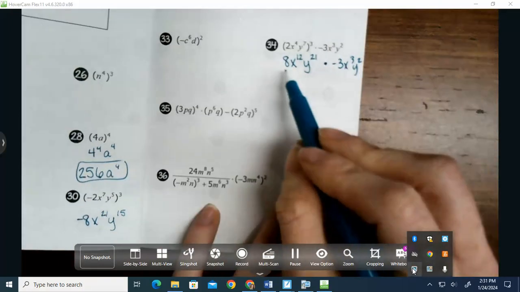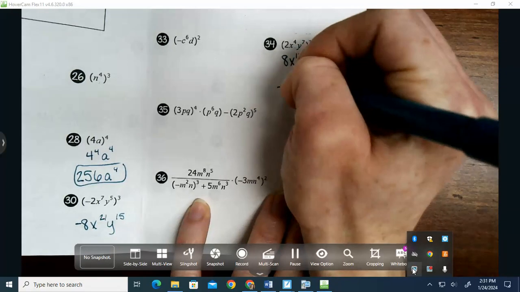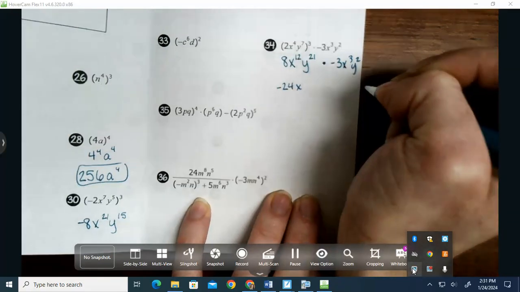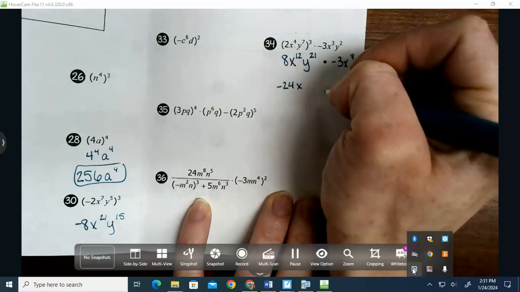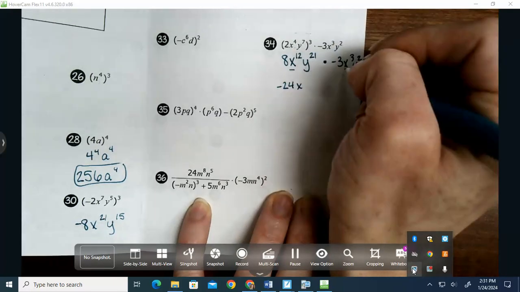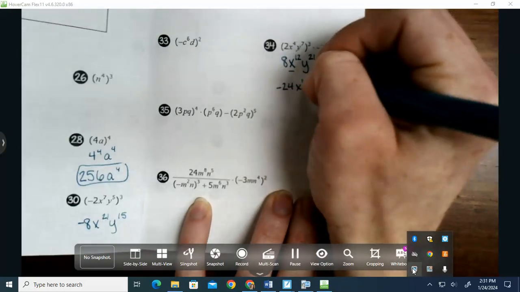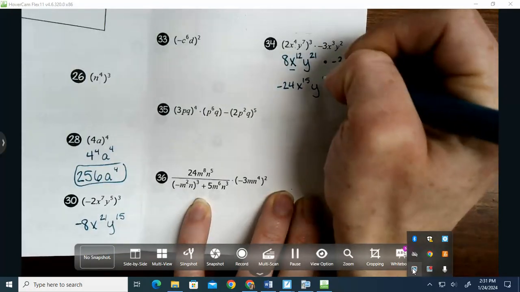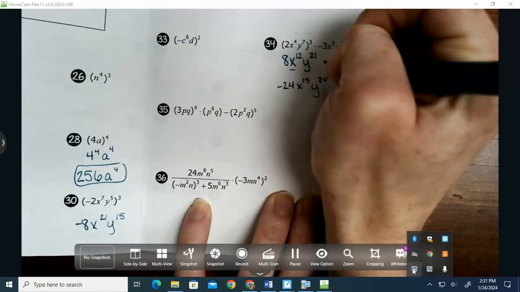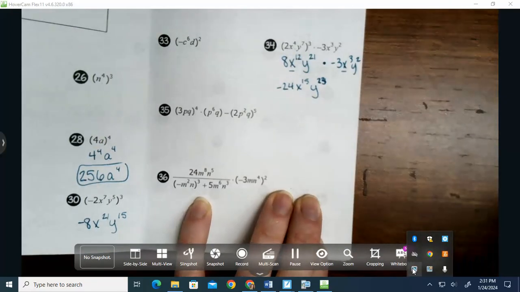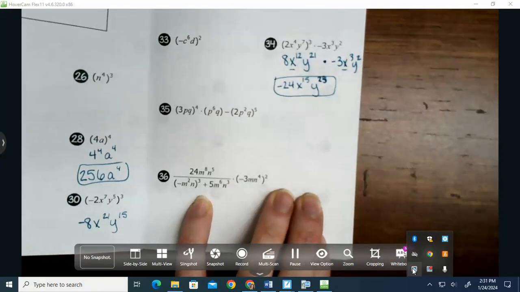So then if we multiply, 8 times negative 3, x to the 15th, you're adding those exponents, and y to the 23rd. Okay. Are we okay with those?